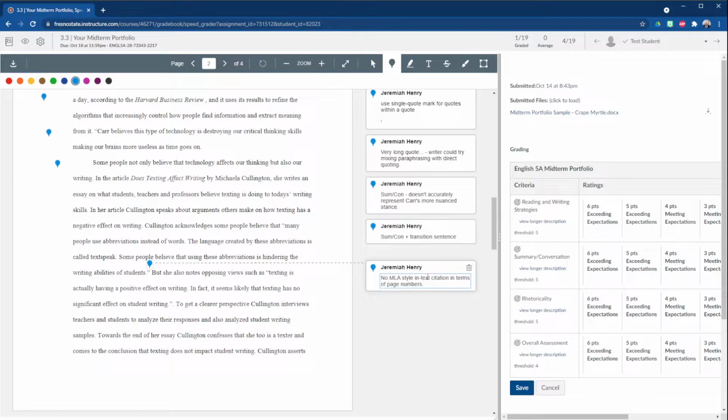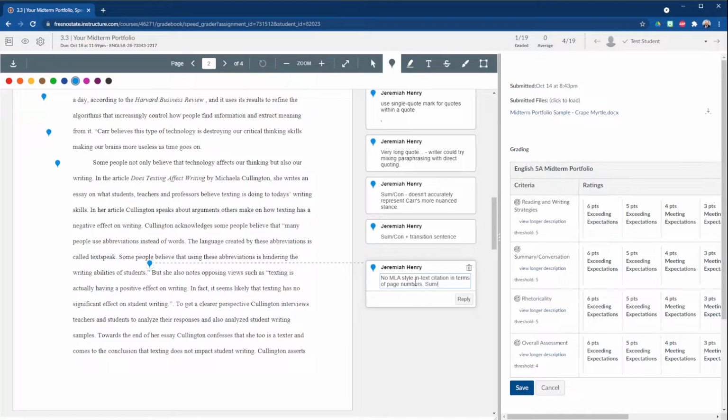And I can say that this definitely comes from a paginated source, so it should have page numbers. There's an exception to MLA style: you don't have to cite a page number on a source that doesn't have page numbers, that's not paginated. But I know because I was the teacher for this course, we were using sources that were paginated, so we should have parenthetical citations with page numbers for all this stuff.